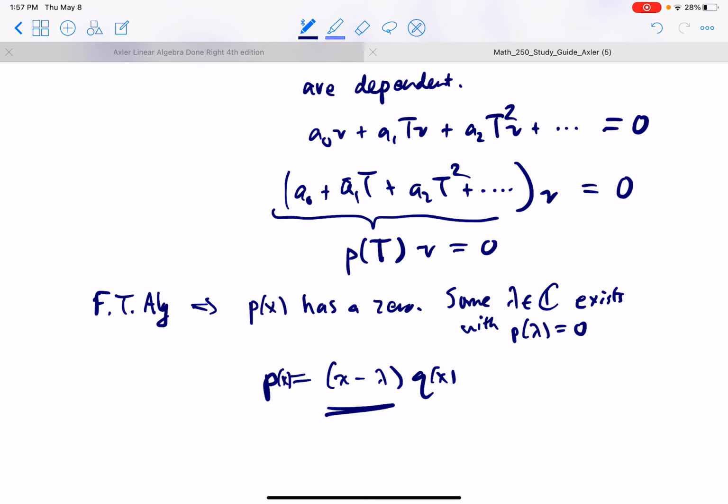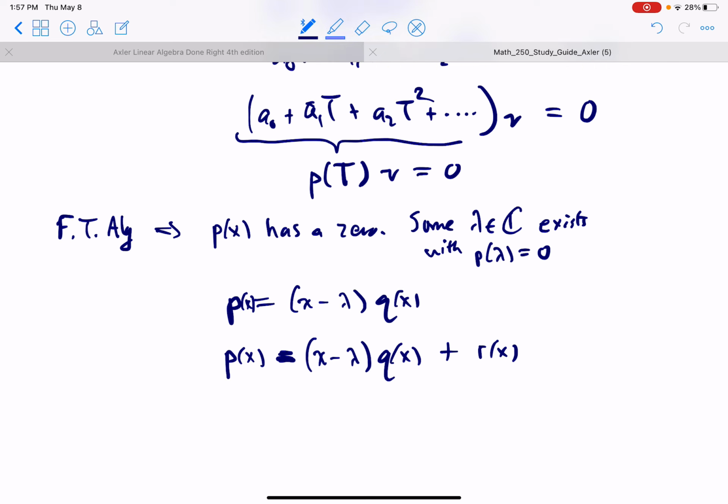Because if you have a root, you can always factor this out. How do we prove that? Remember, we had the division algorithm that every p of x is equal to, well, we can divide by x minus lambda. Nobody can stop us from taking this polynomial and dividing it by x minus lambda, and then getting a quotient, and then a remainder. And what we're going to see is that the remainder has to be 0 if lambda is a 0 of the polynomial, because if you plug in lambda, we said p of lambda is 0, right?